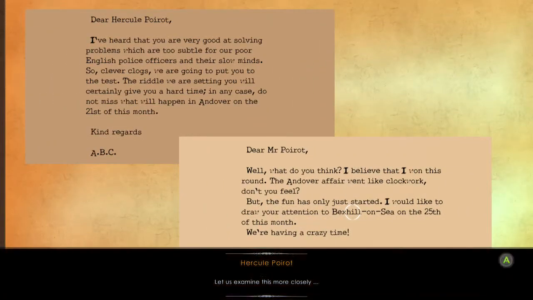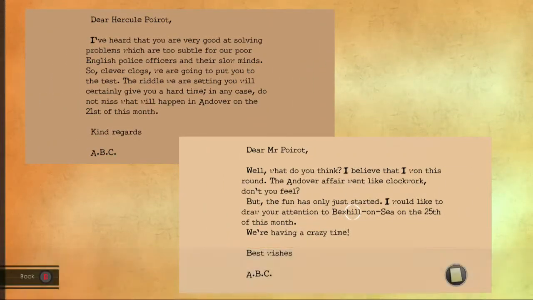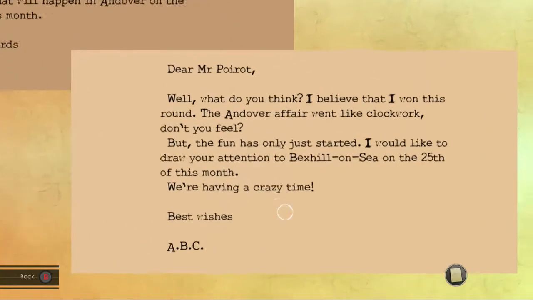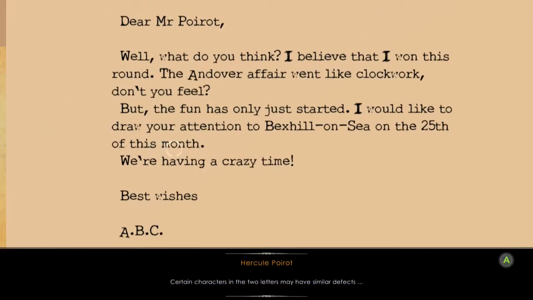Let us examine this more closely. Certain characters in the two letters may have similar defects.